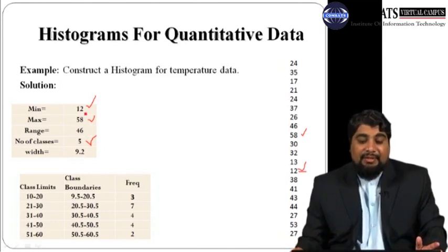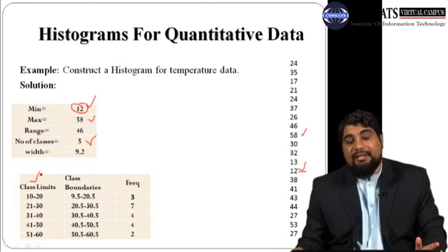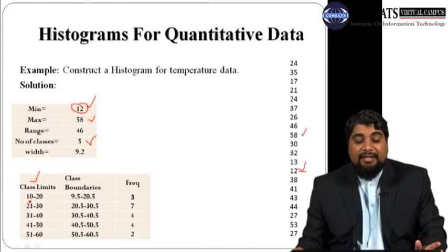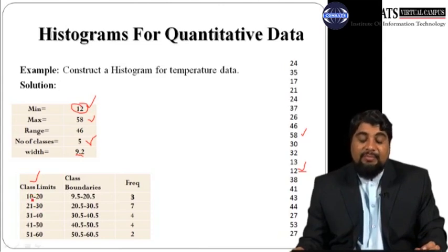Now the minimum number is 12. So let us construct a column and label it class limits. Start from 10 and, taking the width as approximately 10 units, 10 to 20, and next 21 to 30. You can even start at 11 as well.